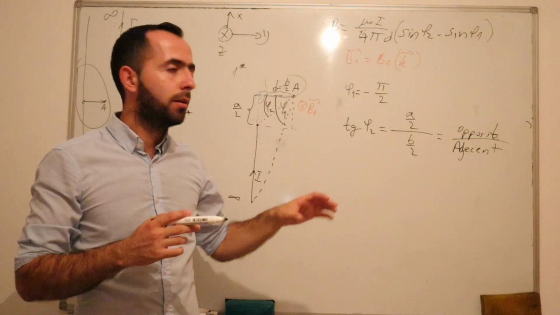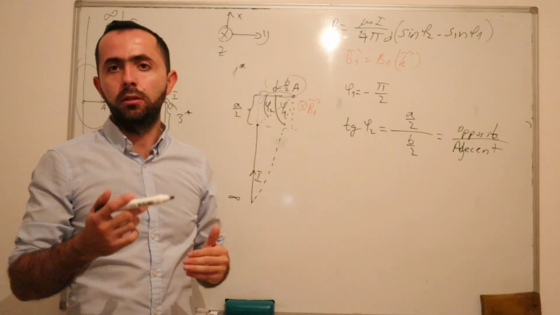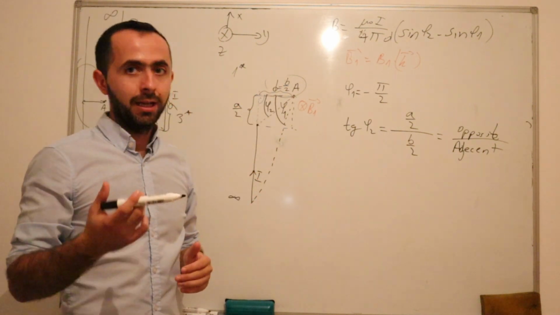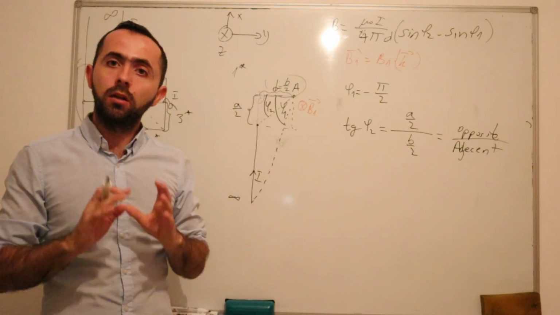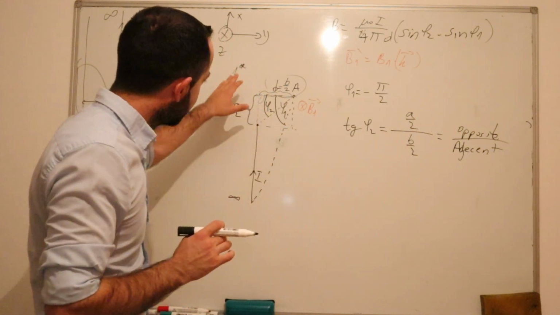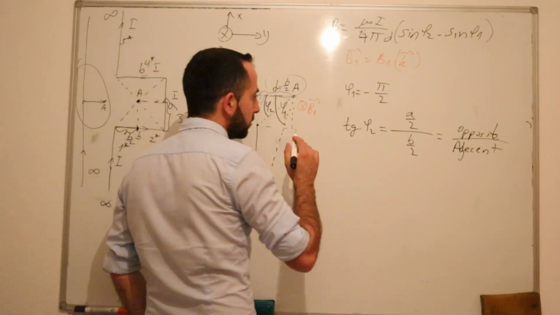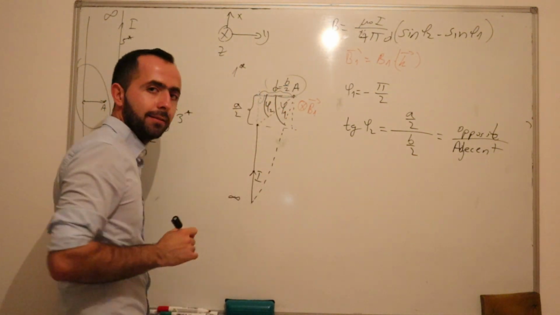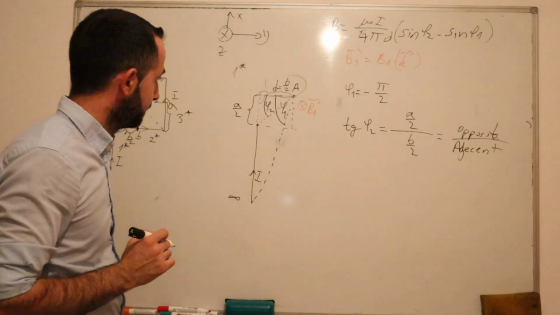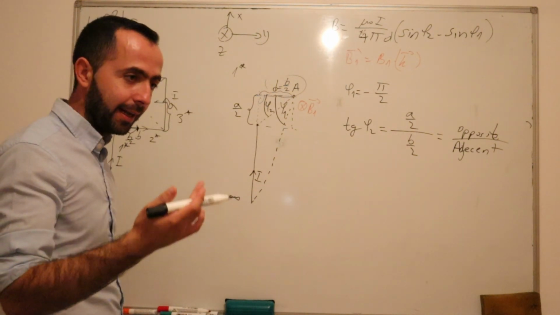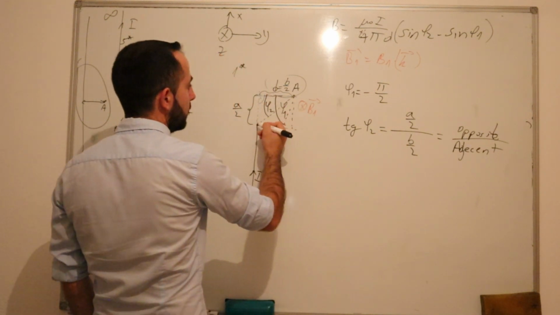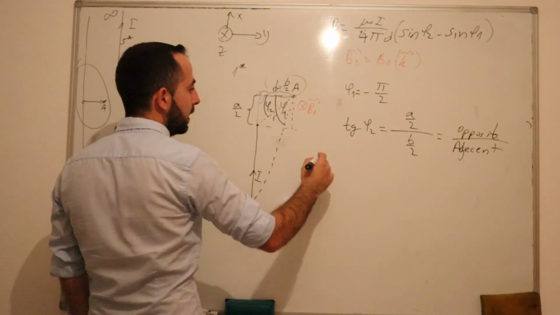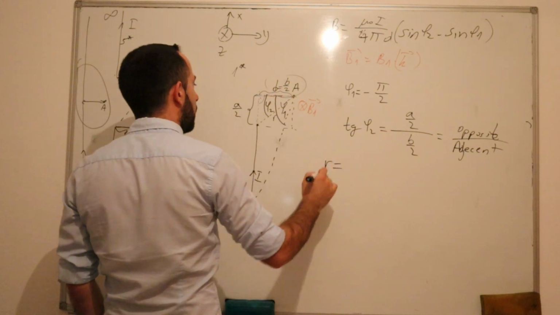I don't have values for A and B, so I cannot calculate it. Because of that, I will use the sine of this angle, using the trigonometry rules for sine, in order to find this angle. In order to find sine or cosine, I must have the hypotenuse. So I will find the hypotenuse. This is my hypotenuse. Let's say it's R.